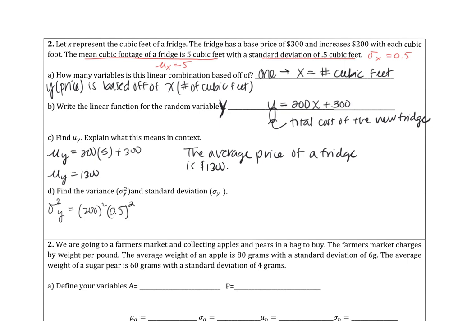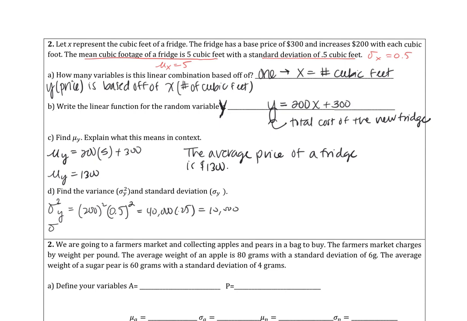One thing, you leave out constants. Constants are constant. They are not changing the spread, okay? So we're gonna leave that out right here. The variance is equal to 40,000 times 0.25, which is 10,000.